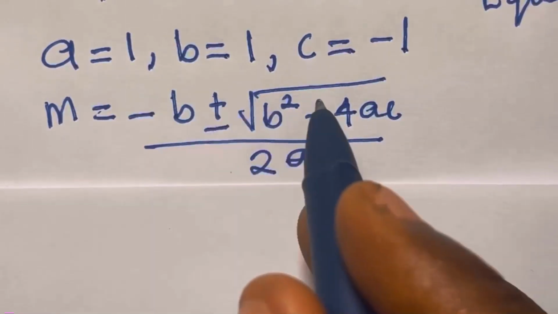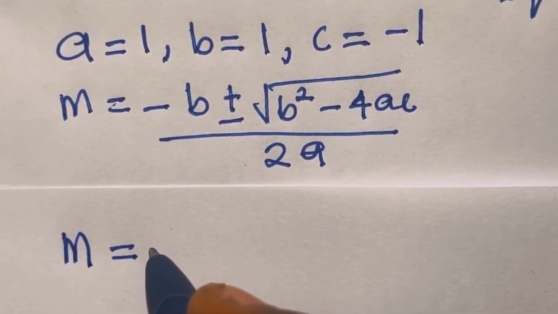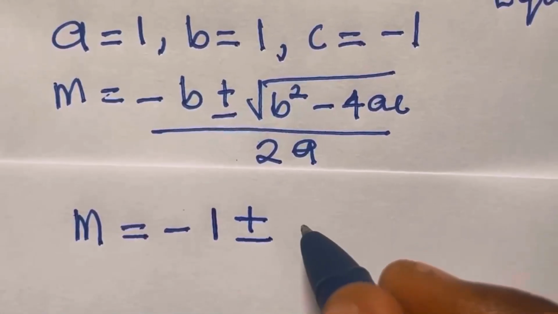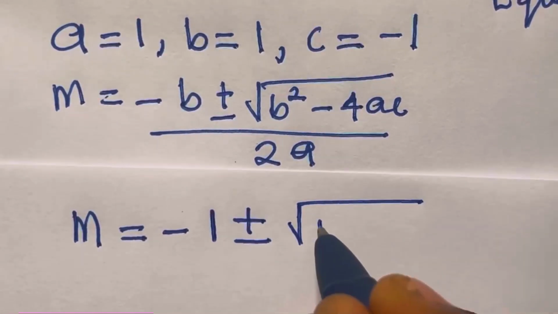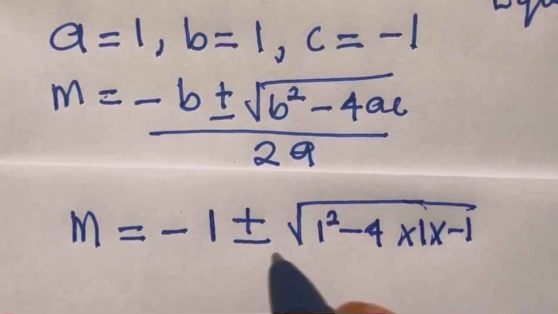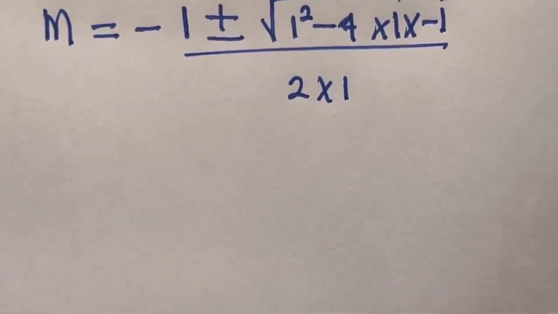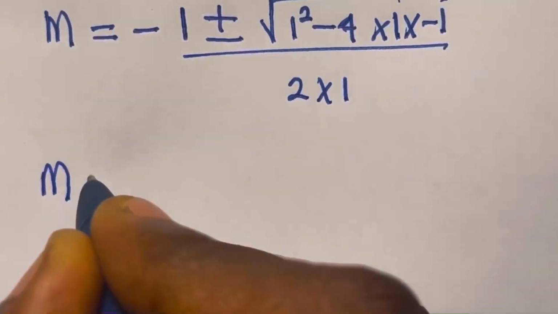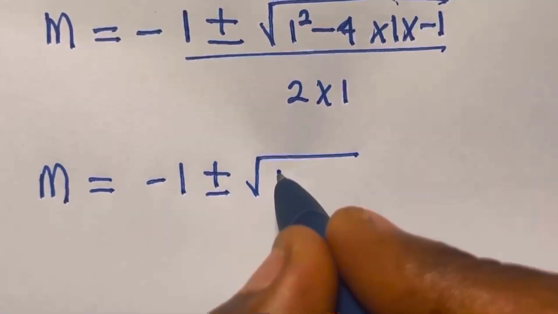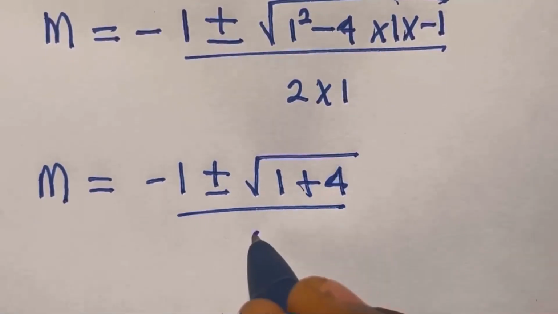So let's substitute these values into this. So we have m equals minus 1 plus or minus square root of 1 squared minus 4 times 1 times minus 1, divided by 2 times 1. So from here we have m equals minus 1 plus or minus square root of 1 squared, which gives us 1, minus 4 times 1 times minus 1, which gives us plus 4, divided by 2.